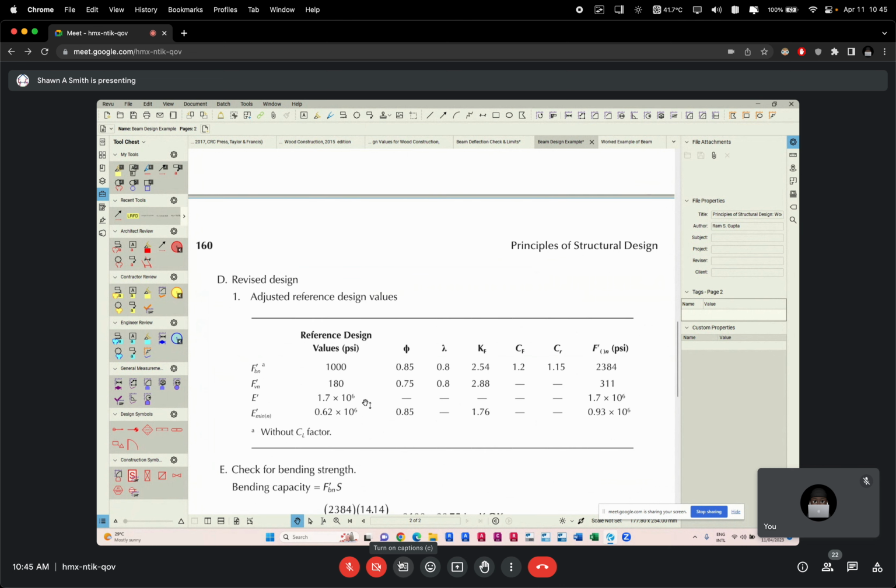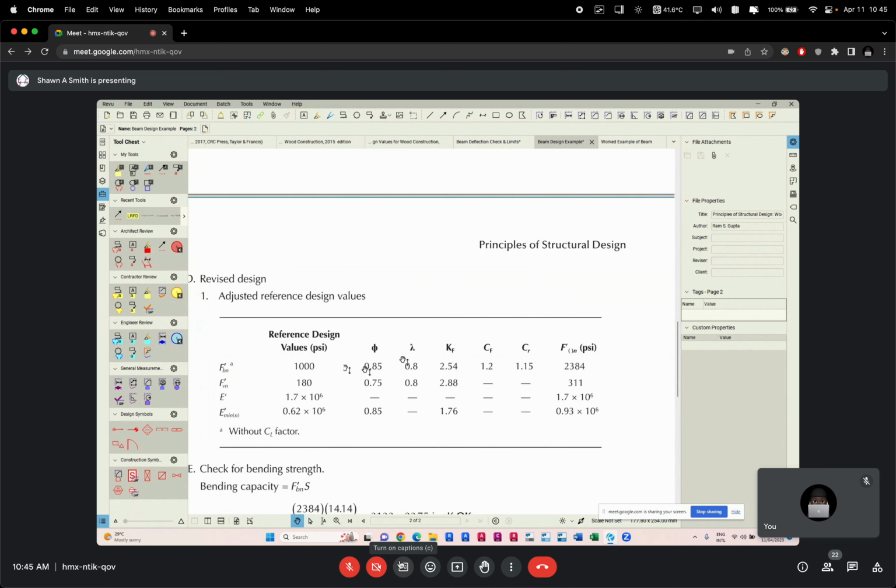All right, and all I do now is re-look at the reference values. 0.85 doesn't change. It can't change because that's the phi value for member on the bending. Lambda remains the same. The conversion factor remains the same. It's a conversion factor for bending.